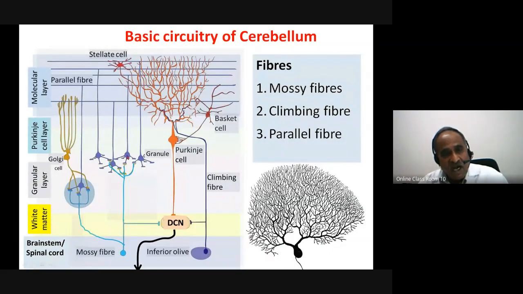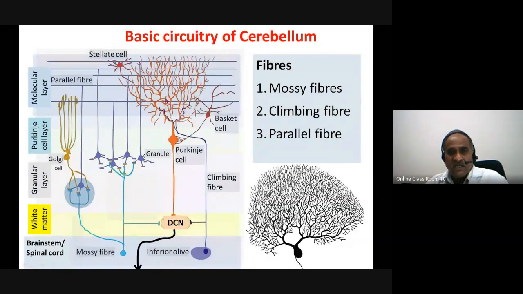The outcome of the mossy fiber is the stimulation of a number of cells or dendrites. One is the many Purkinje dendrites. Then it will stimulate a number of stellate cells and basket cells, and it will stimulate the Golgi cell. When the Purkinje cells are stimulated, the output reaches the deep cerebellar nucleus.